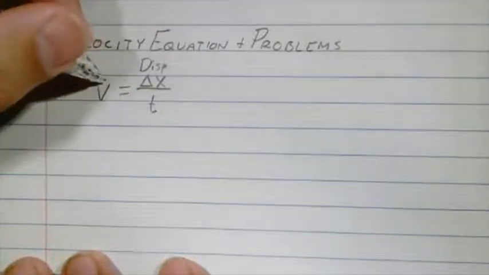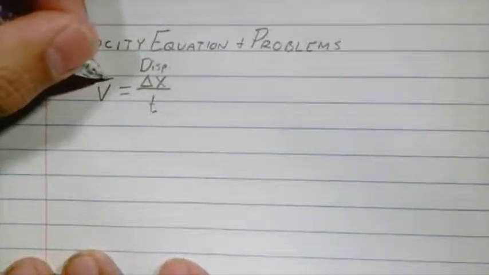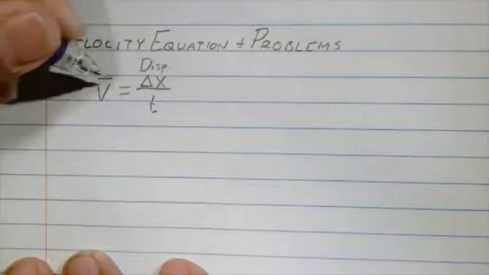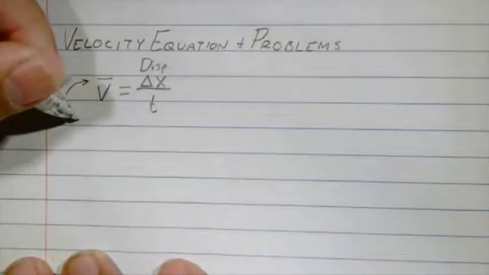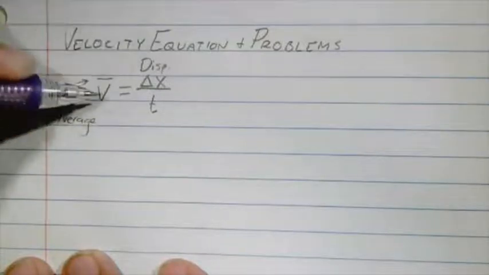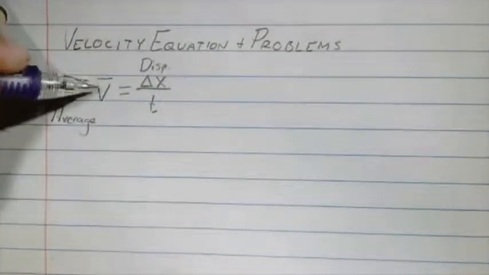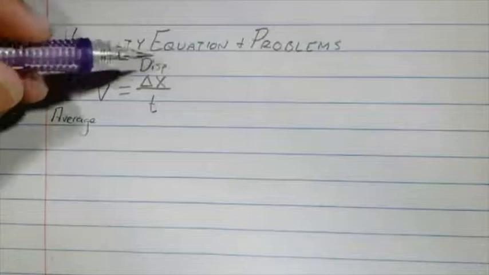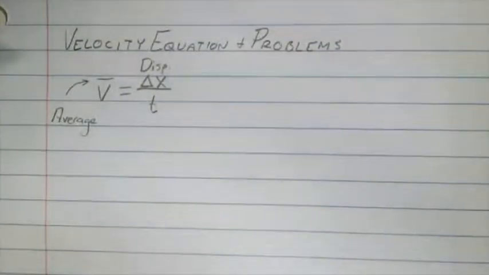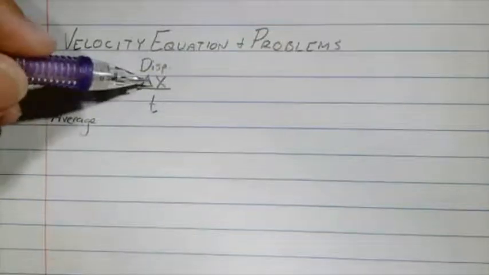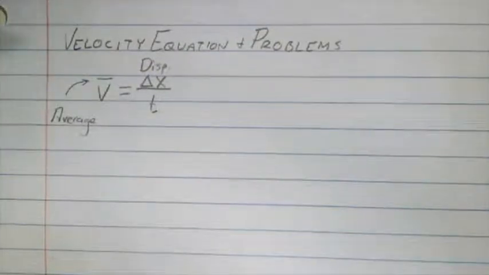I'm not going to use the notation because it'll get a little busy, but I'm going to put a line up here. And what that means is average. And that means that the average velocity during some period is how far away you are from where you started divided by the time. Average velocity is displacement over time.